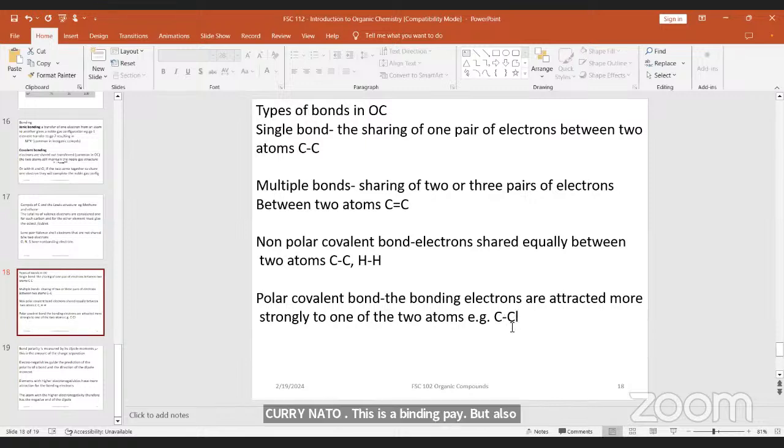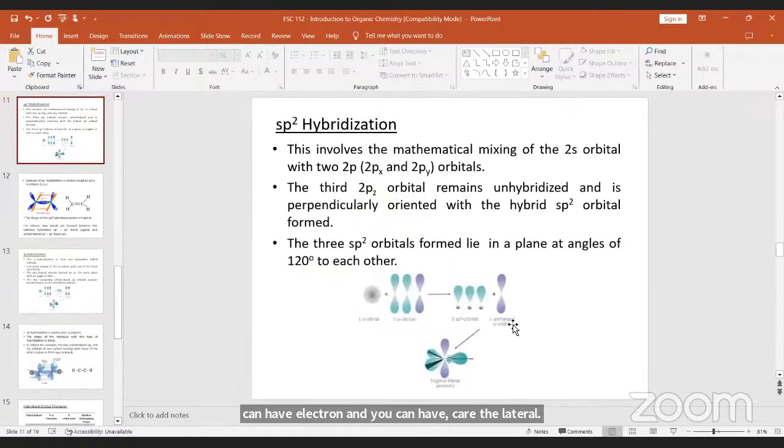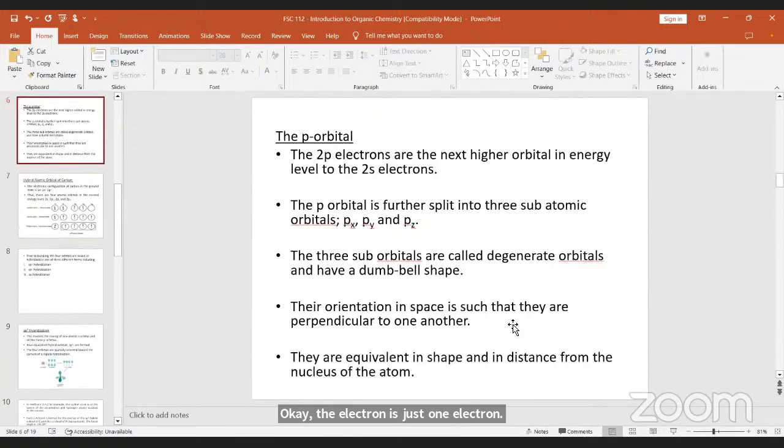But also surrounding chlorine, not shown here, are lone pairs. 2 electrons that are paired together, but that are not used for bonding. So you can have bonding pair electrons, lone pair electrons, and unpaired electrons. An unpaired electron is just 1 electron. For example, this is an unpaired electron.